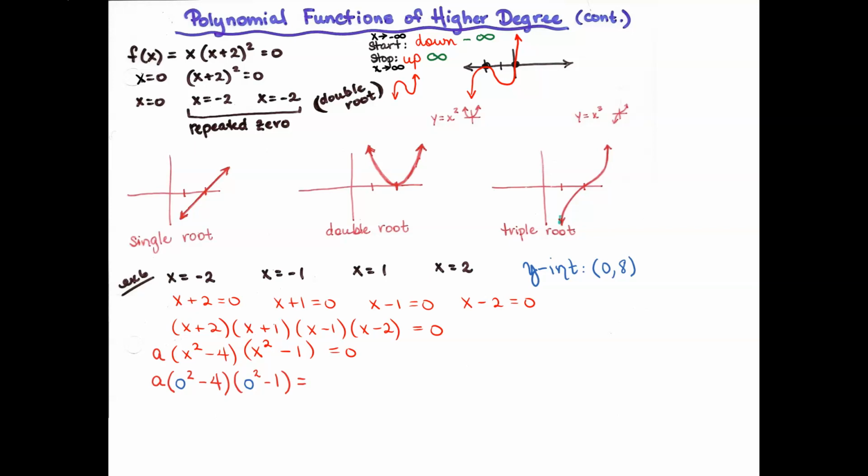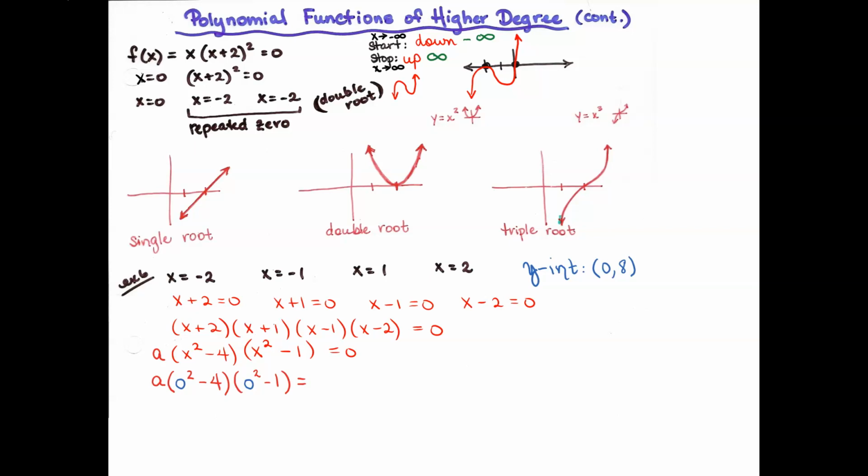All right. The only other thing that we need is that out in front, we need to know if we have a leading coefficient. The only way that we're going to be able to find that extra piece is if they give us the y-intercept or they give us a point that goes along with this.